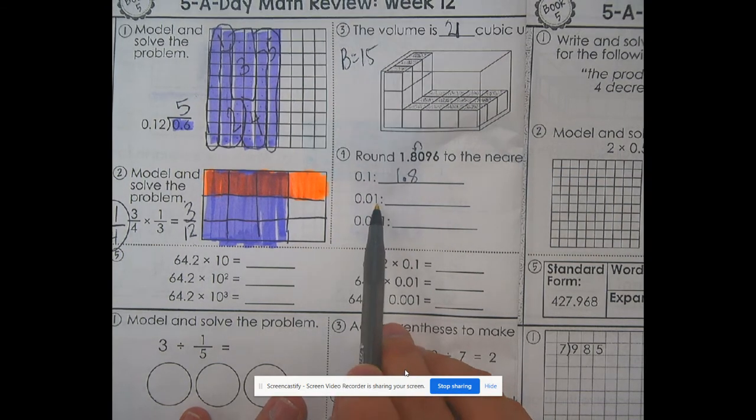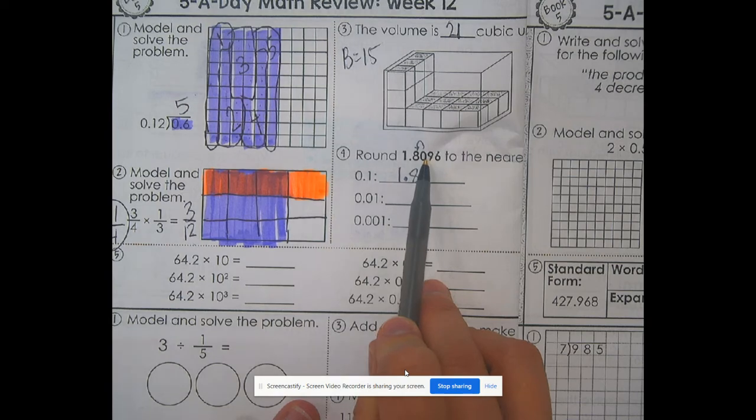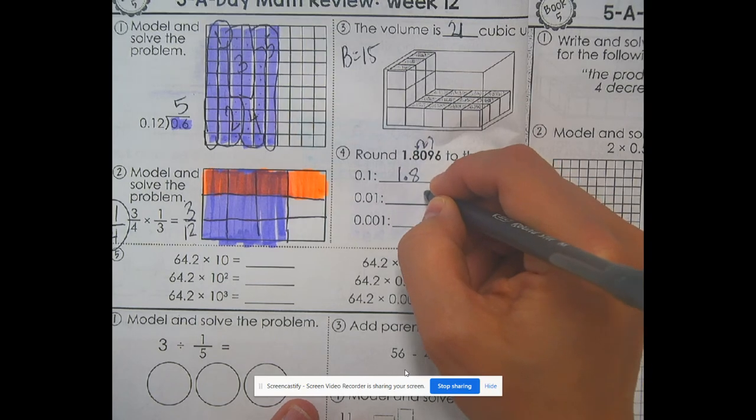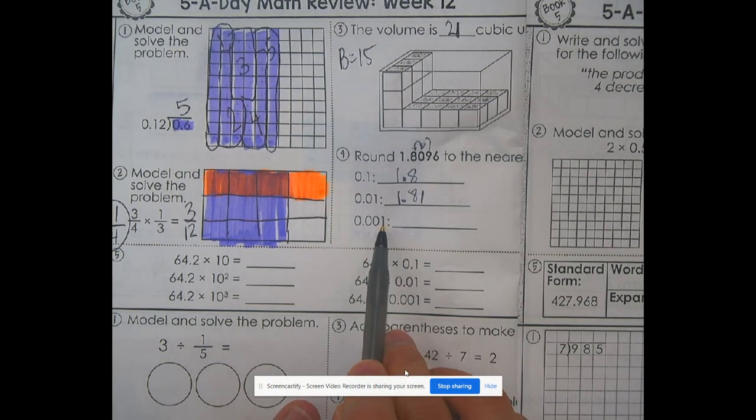Okay, what's this one? Place value. Hundredths. Whose number's in the hundredths place value? The 0. Who's going to tell the 0 to do something? The 9. The 9's going to tell the 0 to go up. Numbers to the left stay the same. Okay, what place value is this one in? Thousandths.